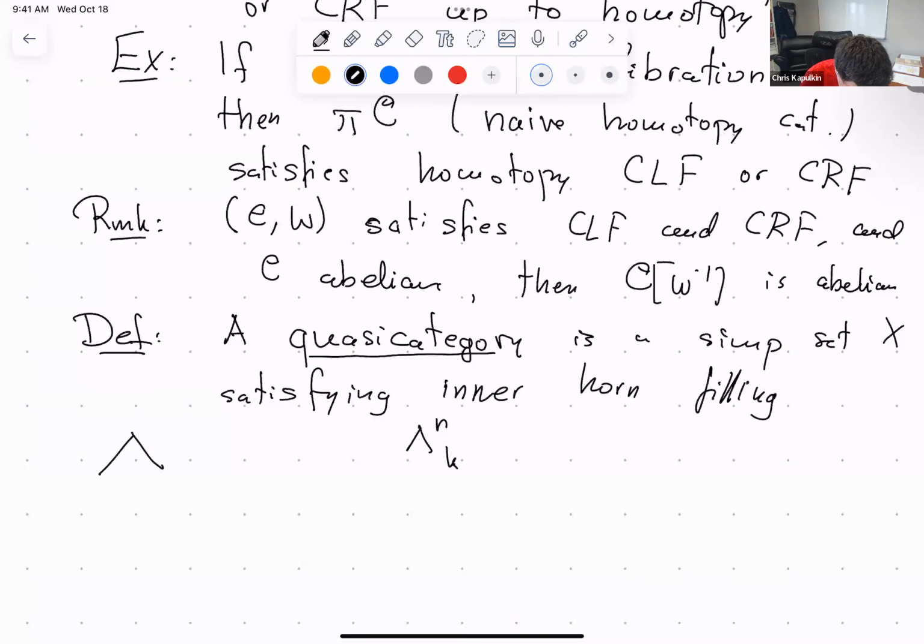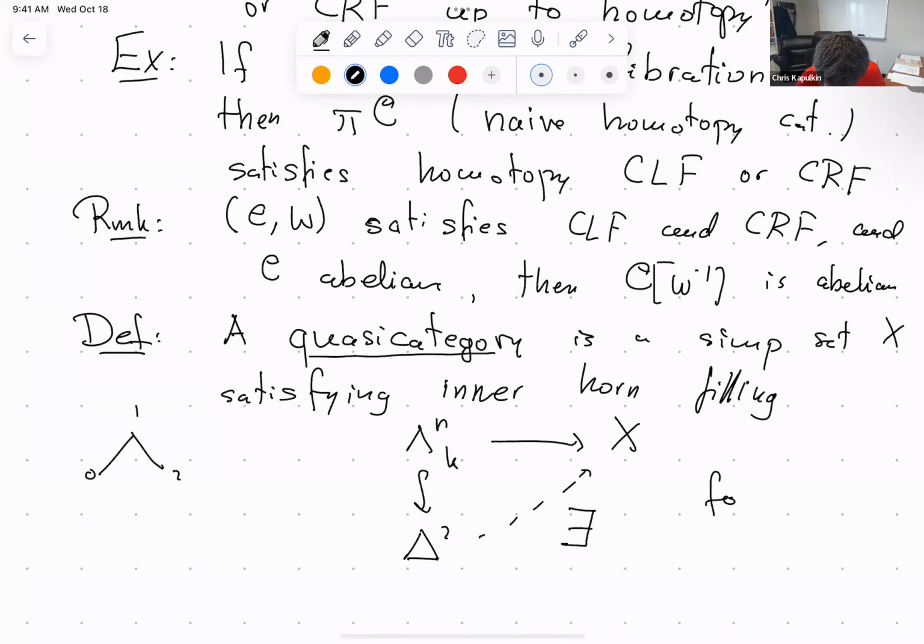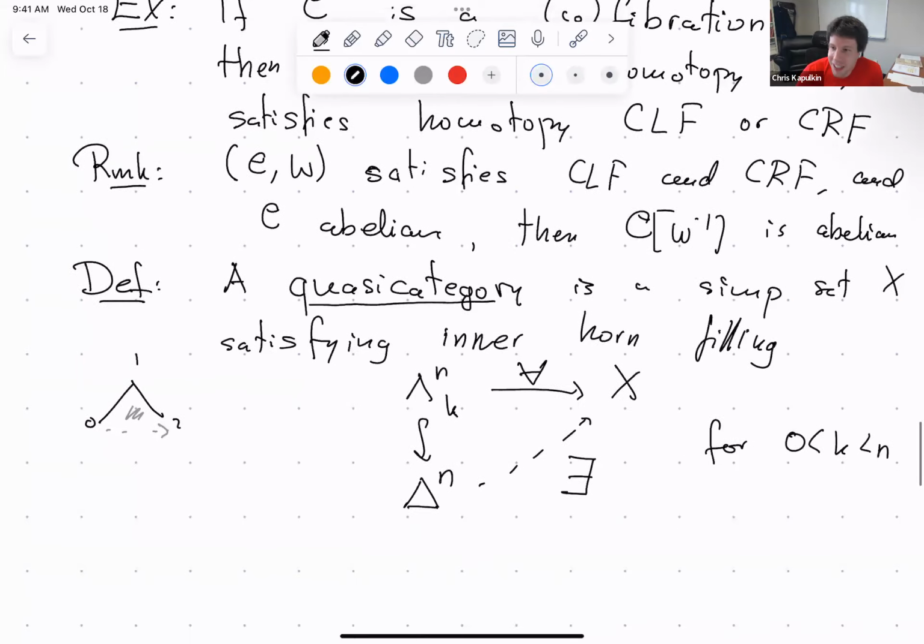So they look like this, 0, 1, 2, let's say, and this embeds into Delta^2, and this into X, and I have a filler like so. This must exist for every map like that. There will be a filler for 0 less than k less than n, and the filler would represent a way of composing those one-cells here. Oh, sorry, I think I wrote 2 here. My picture was so suggestive that it confused me. Okay, very good.